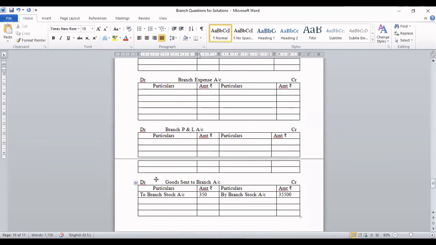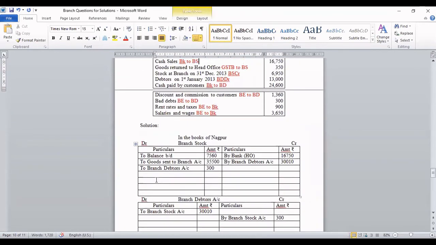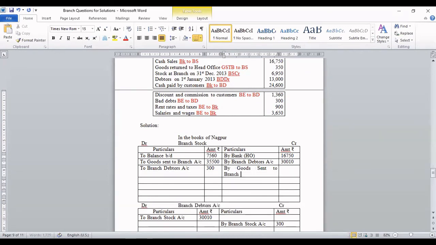And go to branch stock, credit side, exactly, credit side, and write by goods sent to branch account. No beta, the account will remain same. Okay, 350.